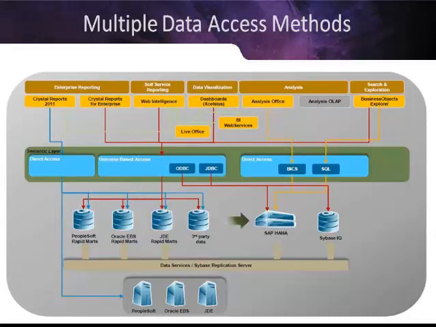And in some cases, we have multiple methods of access depending on what we're trying to do. So for example, many of the new tools are able to use an internal API known as BICS, and that provides connectivity directly to the SAP system and SAP BW without the need for the traditional semantic layer from BusinessObjects. Of course, you still can build a universe to your SAP BW, and in certain situations that's actually recommended.